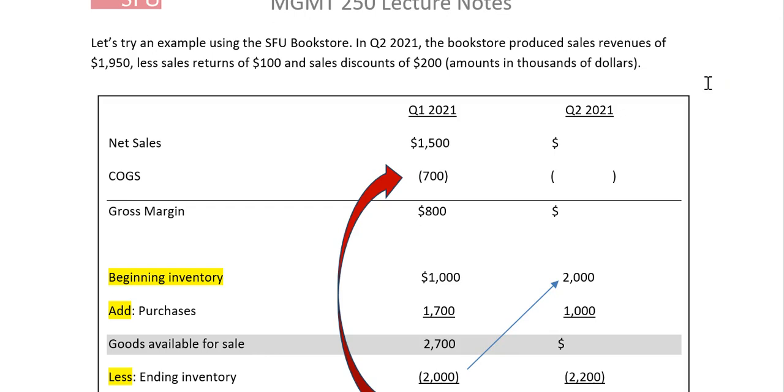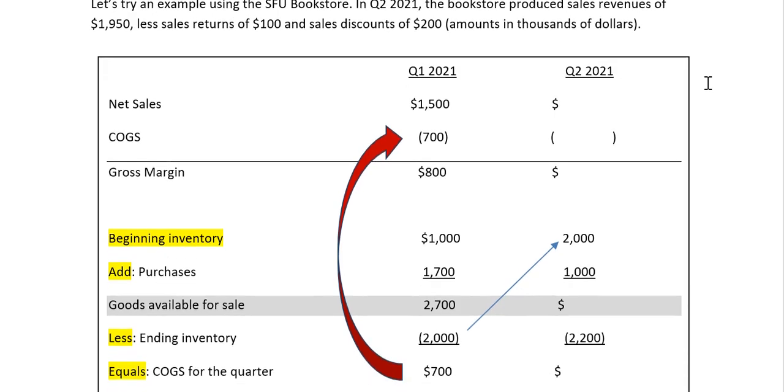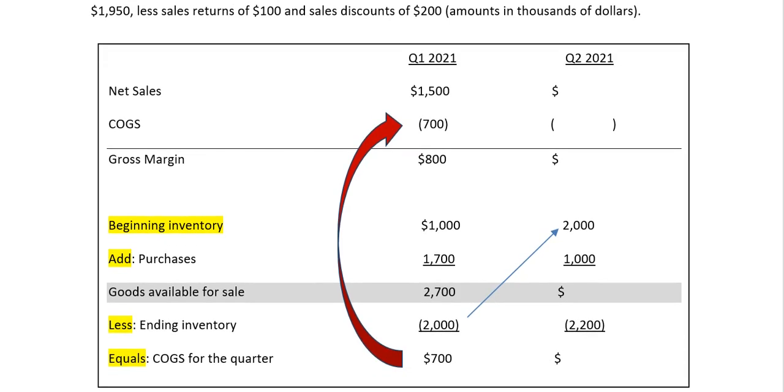And all amounts are in thousands of dollars. So this exercise involves starting with numbers from Q1 and doing a similar process with Q2. And you also have some information at the top, don't forget. So let's have a go at this exercise and we will go over it in the next video.